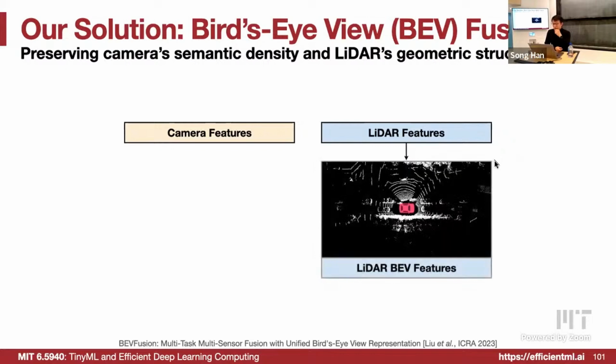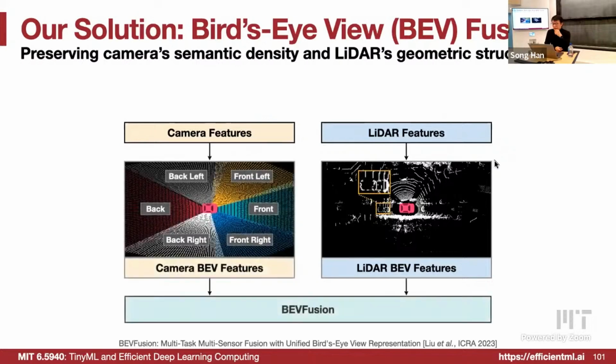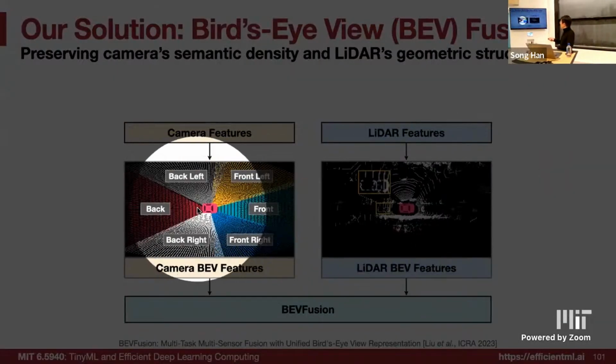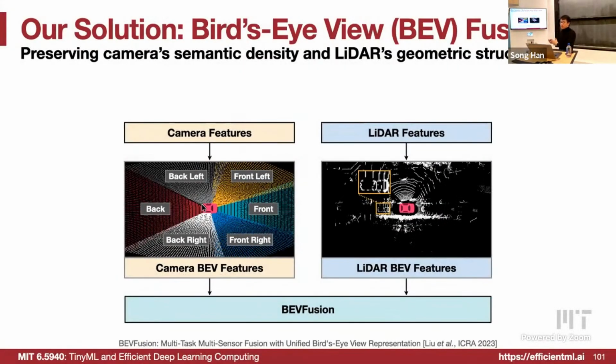So the LiDAR feature exists, we can project it in the bird's eye view. And also for the camera feature, we can also project it in the bird's eye view. So bird's eye view basically looks at the world from the top, right? From the top, so that we can mash them together, fuse them together.